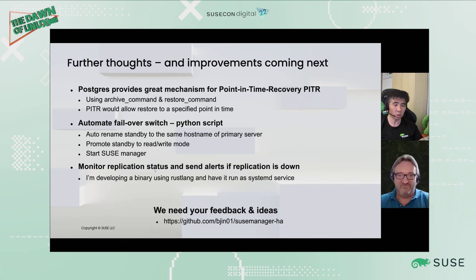And if replication is down, as we know, it does not give the output of this select statement, then I will send an email alert, for example. The binary is still under development, and I will keep my GitHub repo updated, and you can watch for that and use that later on. I would say in 2 months from now, I will be ready with this binary.